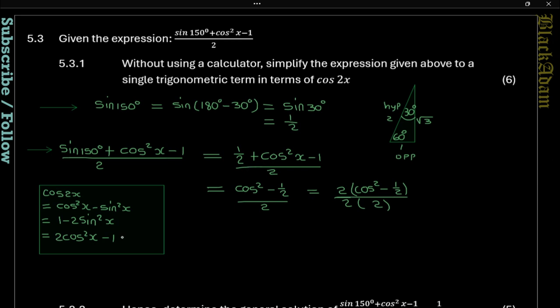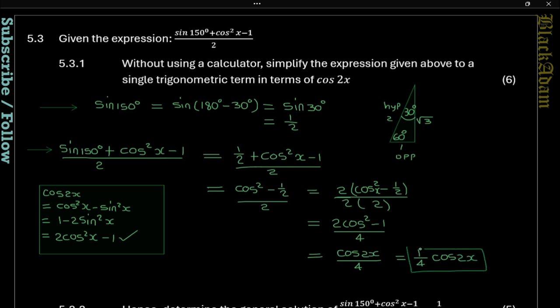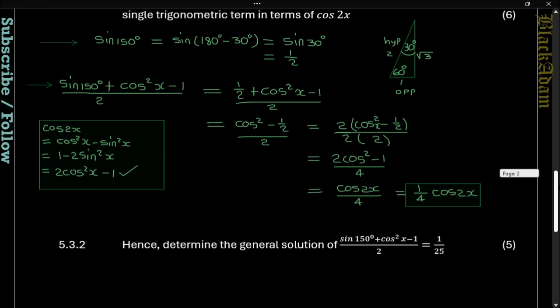And then we see from there that when multiplying, that's how I came up multiplying by 2 to get that equivalent. So we have 2 cos squared x, and then negative half times 2 gives us negative 1, and 2 times 2 is 4. So that's our final answer. Then our answer is going to be cos 2x over 4, or you can just say it's a quarter cos 2x. So that's for 5.2.2.